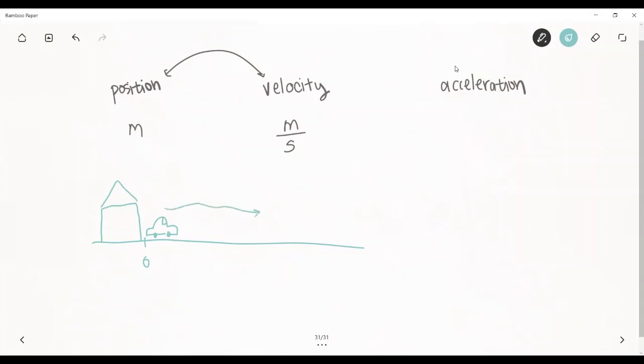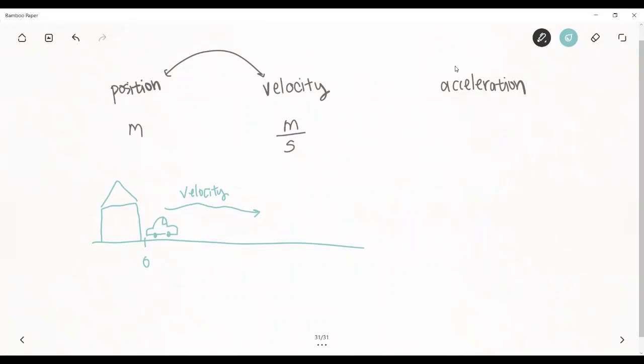So you have a velocity. And if you have a velocity, are you going to be staying in the same space in your driveway? Or is that going to change?